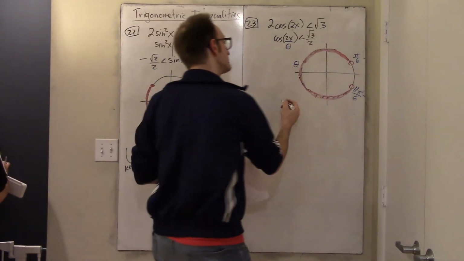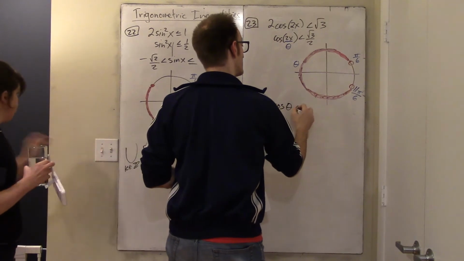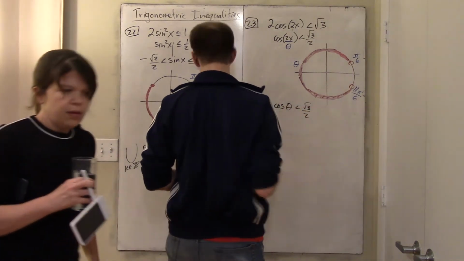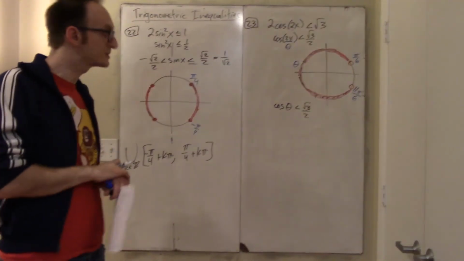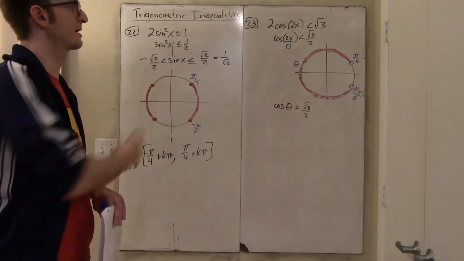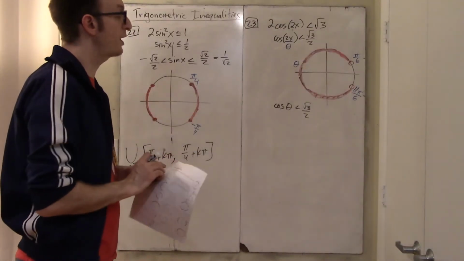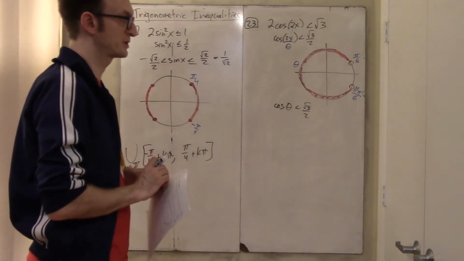Ultimately, if you want this crutch, what we're really doing is solving the inequality: when is cosine theta less than root 3 over 2, and then we'll later substitute back in the fact that it's really 2x. I think this is the way to go. So, when is cosine theta less than root 3 over 2?